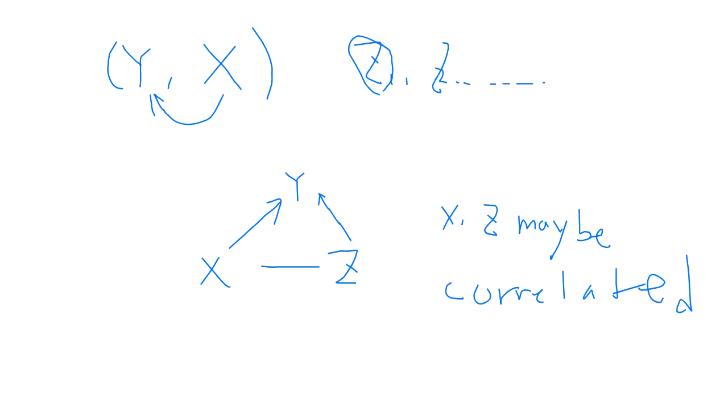Or you can think about, if you have more than one variable, what is the correlation between x and y controlling for the effect of, say, z1, z2, up to zk, if you have k other predictors.